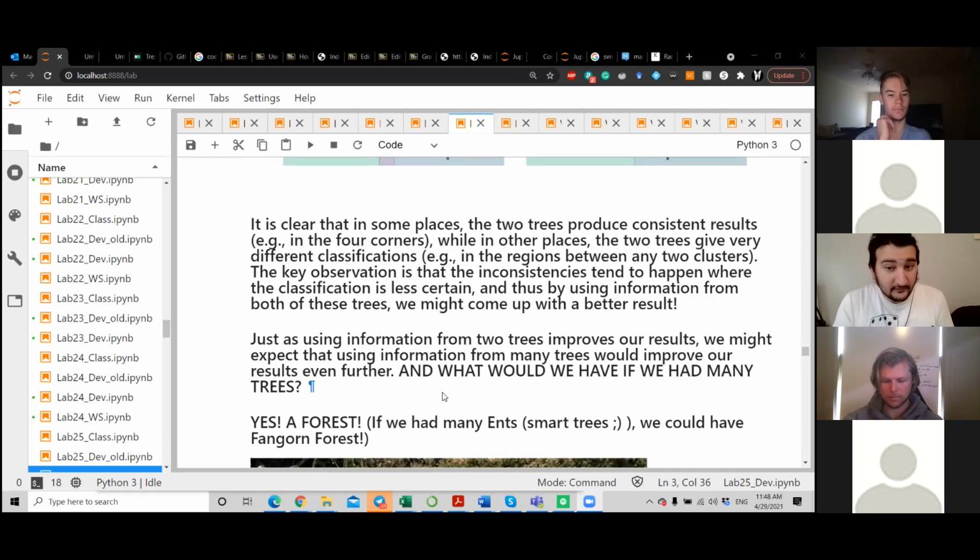And what would we have if we had many trees? A forest. They are working in parallel. So when you have many trees, you will have a forest.